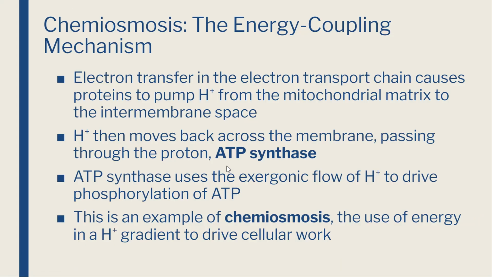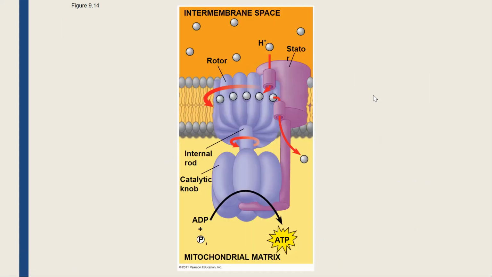And so what chemiosmosis is, is using that hydrogen ion concentration gradient to drive the ATP synthase enzyme, and that synthase enzyme is generating a whole bunch of ATP. It's kind of like a hydraulic dam. When the water flows through the hydraulic dam, it turns the turbines and it generates a whole bunch of energy. It's kind of the same thing.